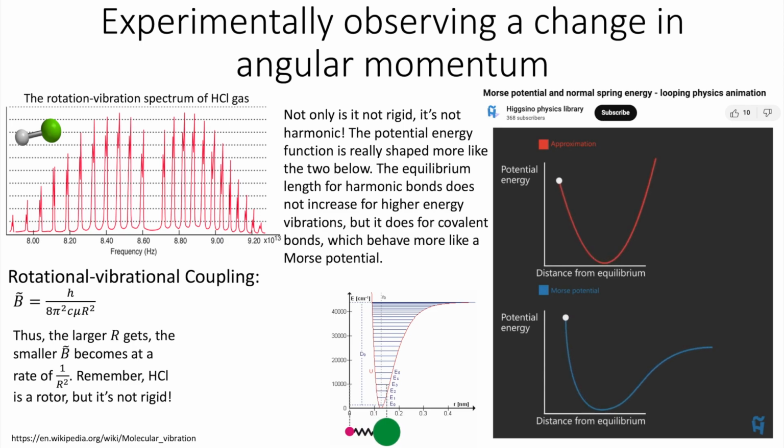The higher the vibrational state, the expectation value for bond length actually goes up. Therefore, even if we think of that R value as being the average bond length, that's changing now. So the larger R gets, the smaller B tilde becomes, the smaller the rotational constant becomes, at a rate of 1 over R squared. And so this is what we see here.